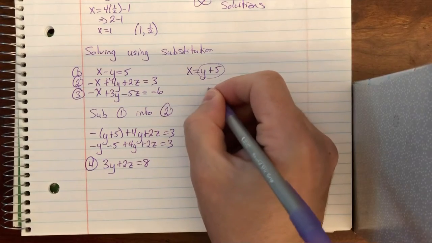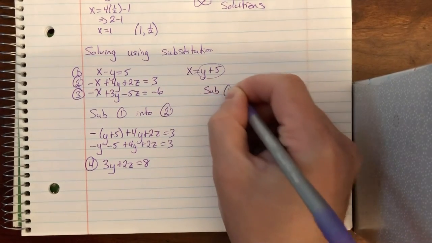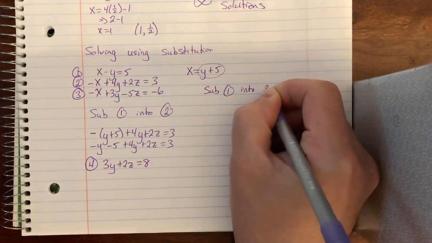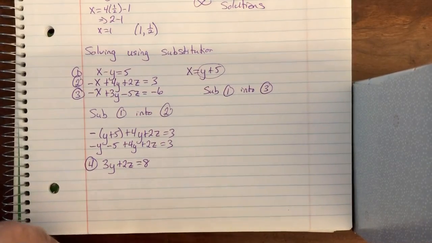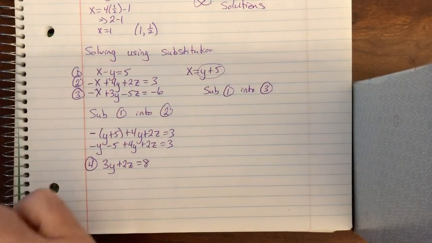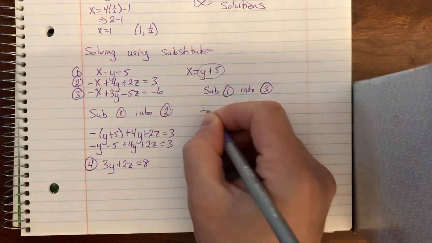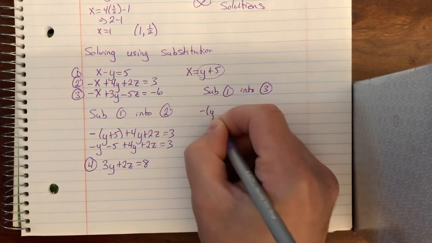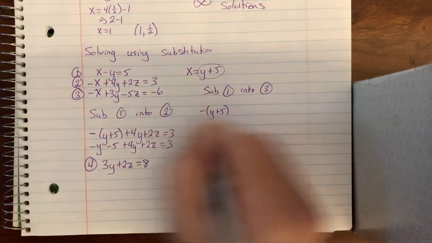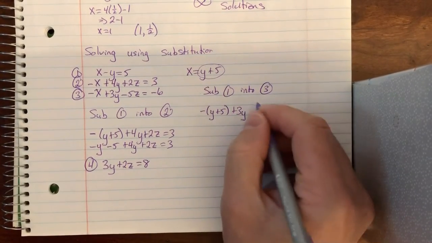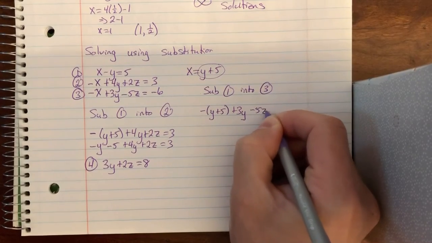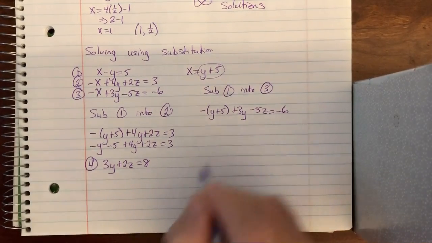Now my next step is going to be substitute equation 1 into 3. If I substitute equation 1 into both 2 and 3, we'll be left with only two variables, and then we can use our systems rules. So I plugged it in for x: negative x plus 3y minus 5z equals negative 6.